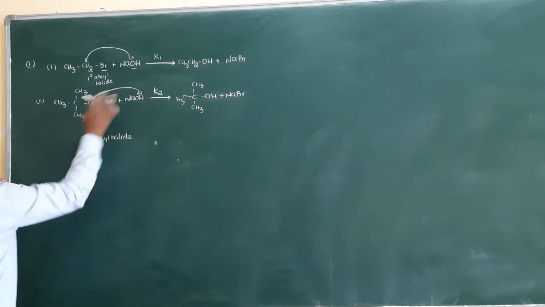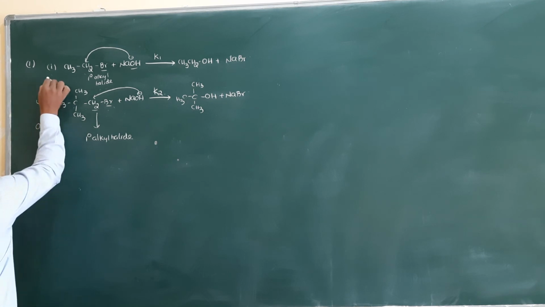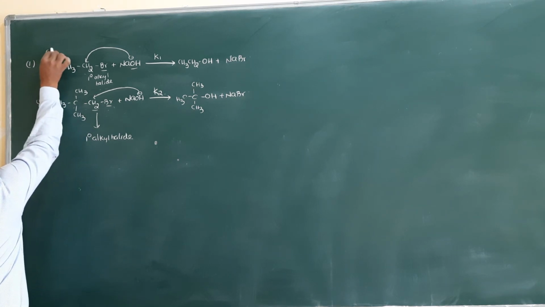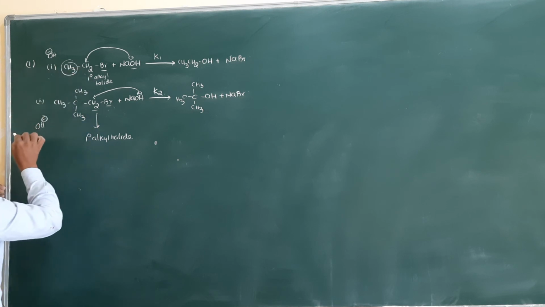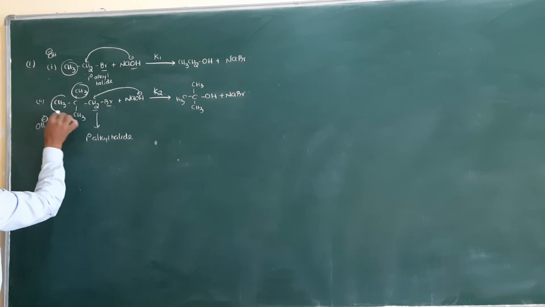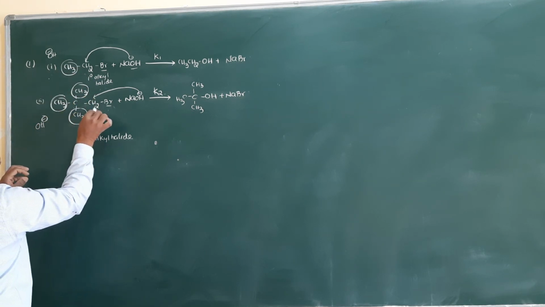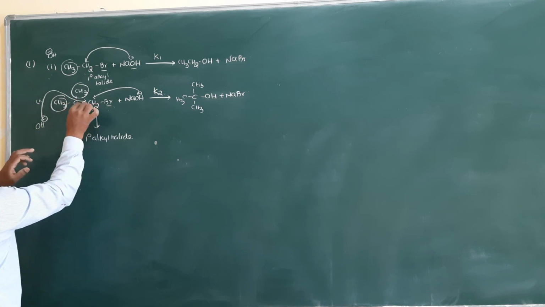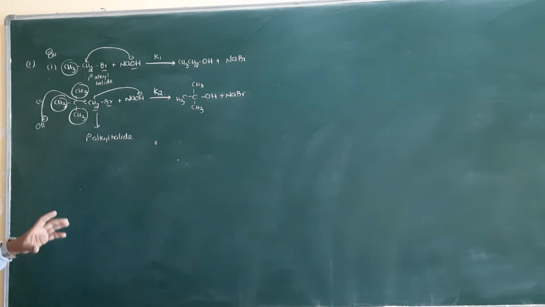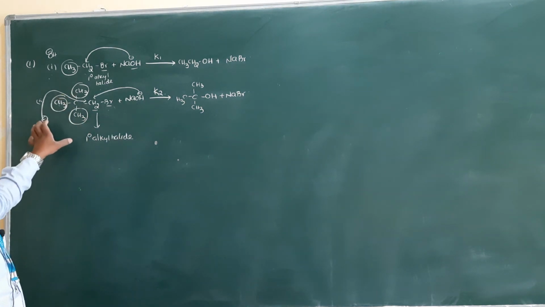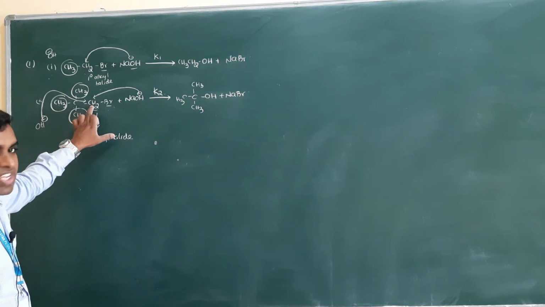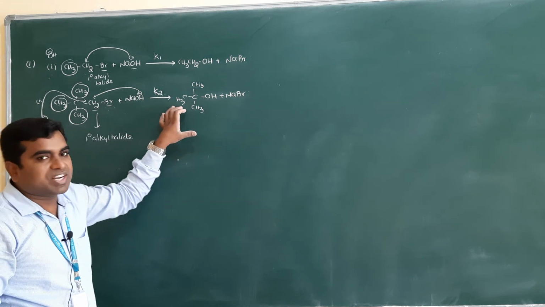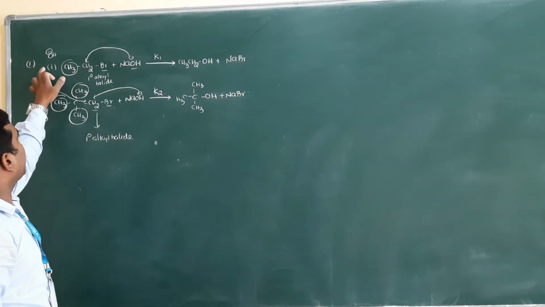Here the OH minus ion should attack from the back side, and here only a CH3 group is there. But in the other, three groups are very close to CH2, more bulky. The nucleophile wants to attack the carbon, but these three groups will not allow it, so that reaction takes place slowly, but this reaction is fast.